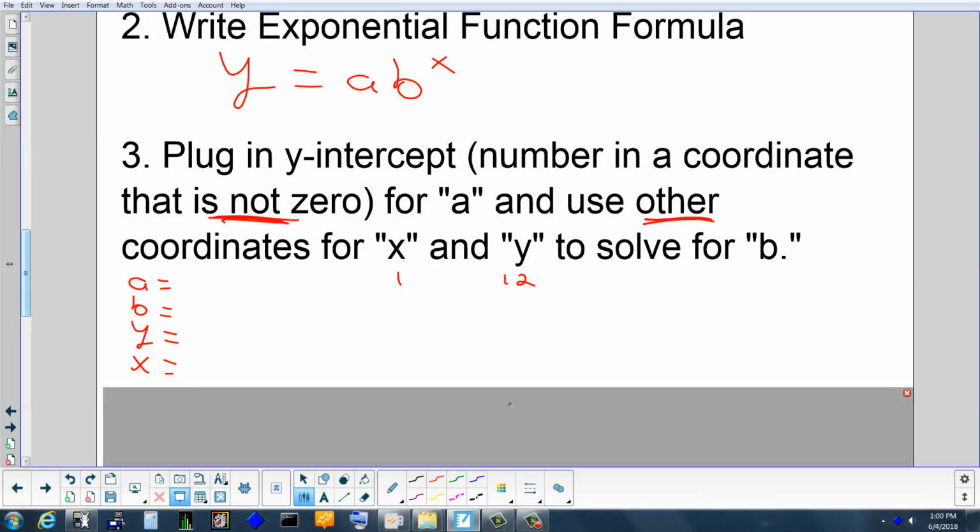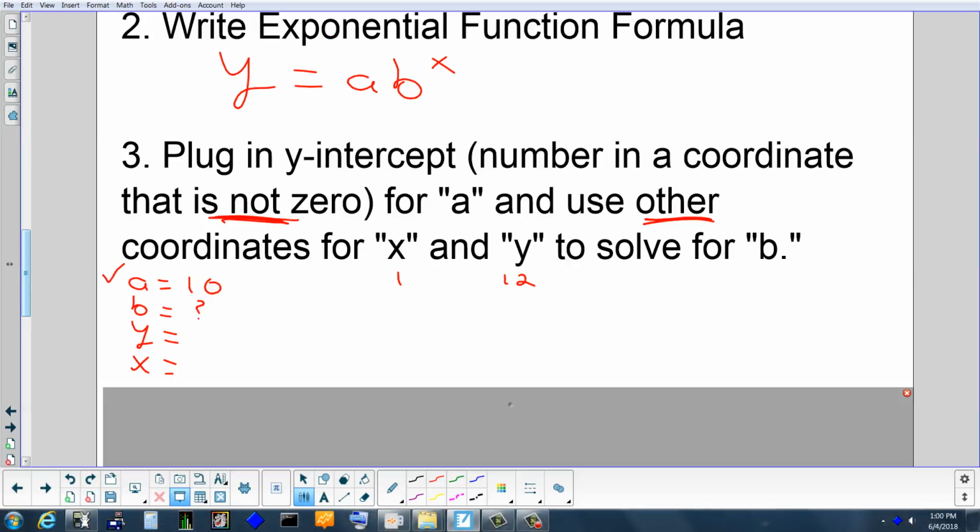It was the number that was with 0. Fred, what was the number that was with 0? Look at the graph, look at the two coordinates. Which number was it? 10. All right, so we got A. That's good. B. Well, B, that's the whole point. We don't know what B is, so we're just going to put a question mark.